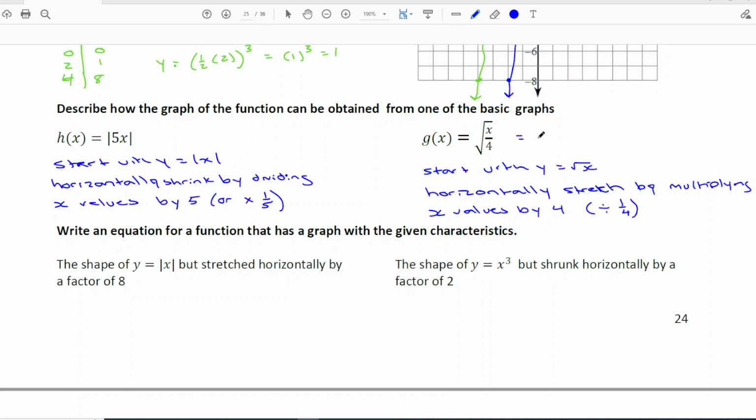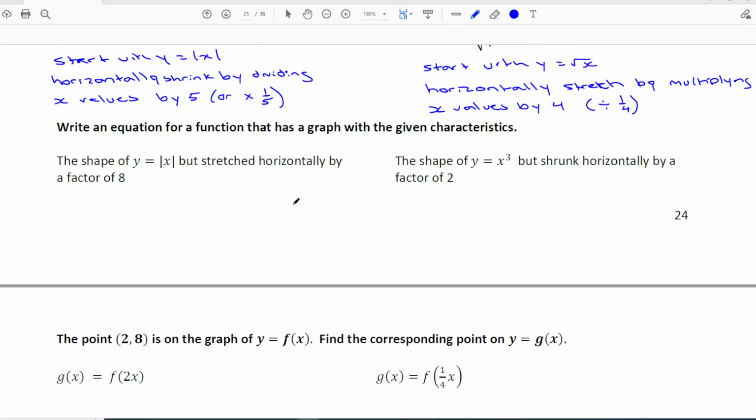Because if you think about this one, this is the same as me saying the square root of a quarter x. So you're either going to multiply by 4 or you're going to divide by a quarter, whatever works for you.